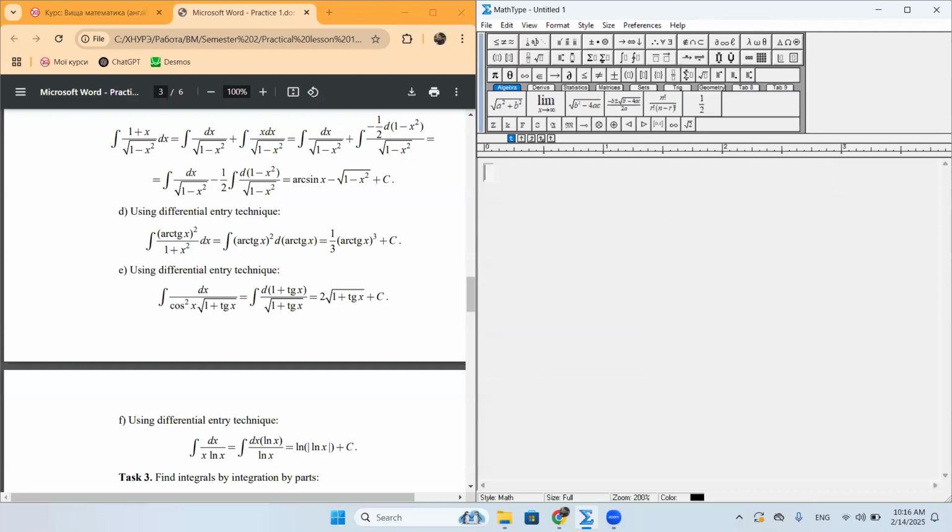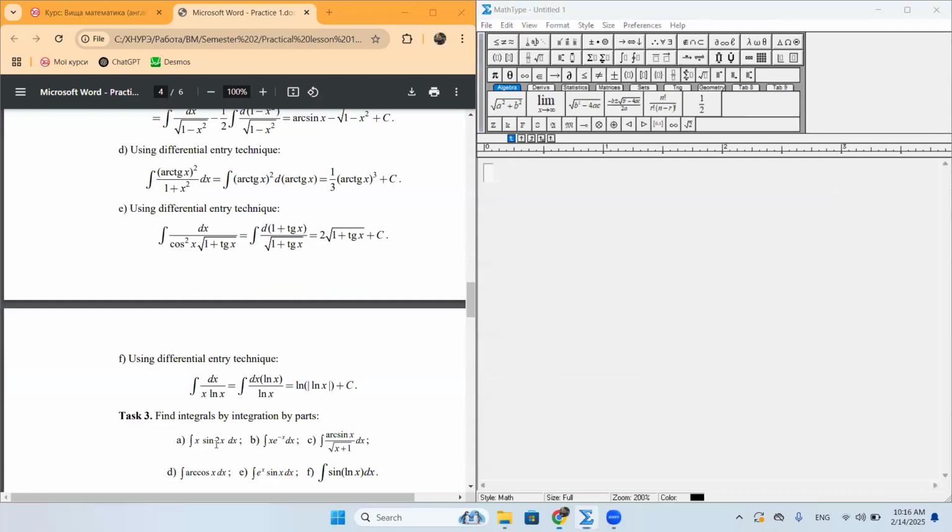Okay, let's continue. Now we have the next integrals: x by sine of 2x and x by exponent of minus x and so on. How to integrate them, it's a question.